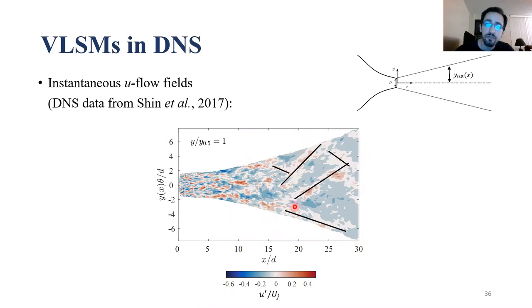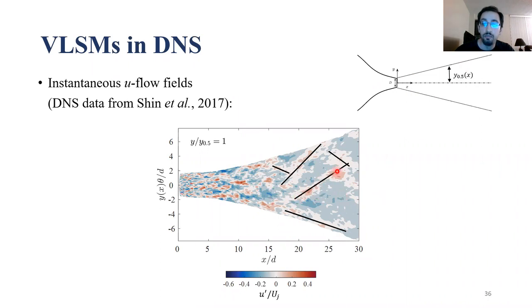So if we look at the structures in this flow field, you can see that for streamwise locations larger than 15, the eddy structures seem to be angled with respect to the x-axis.